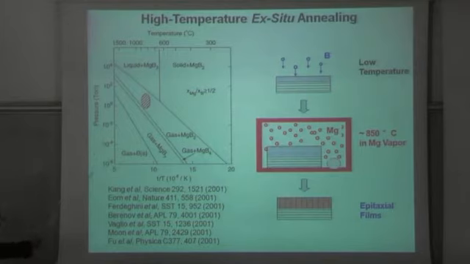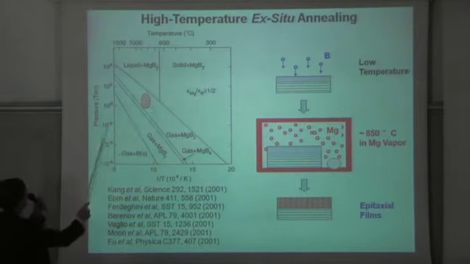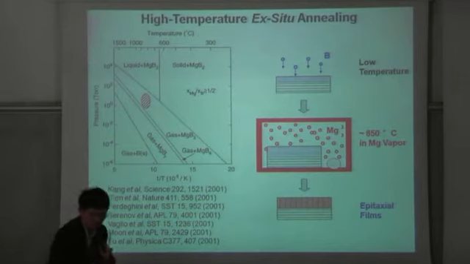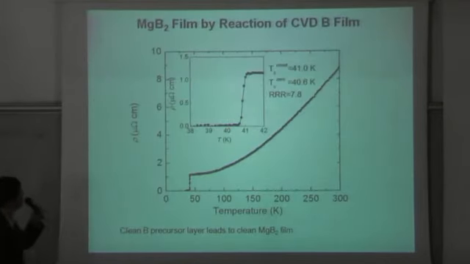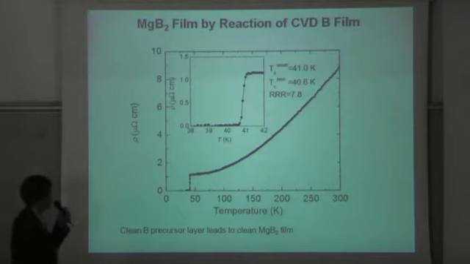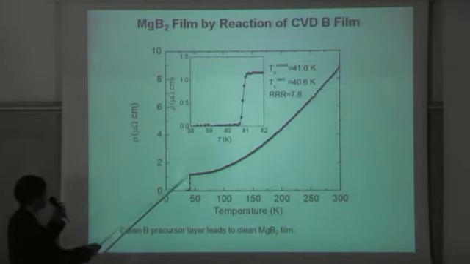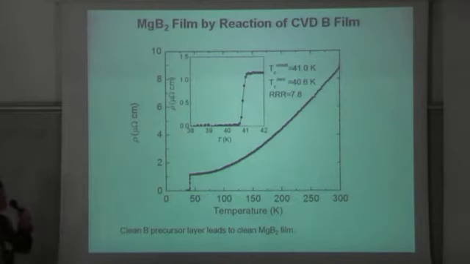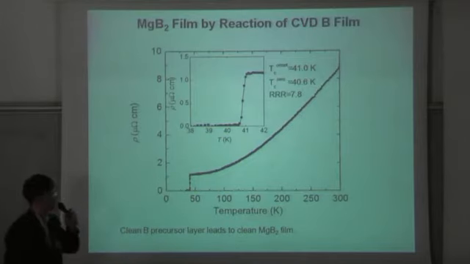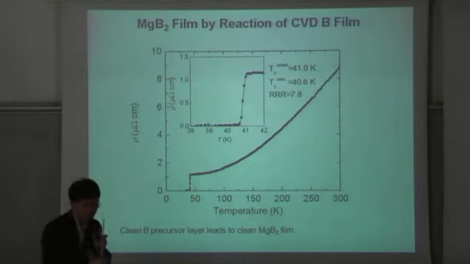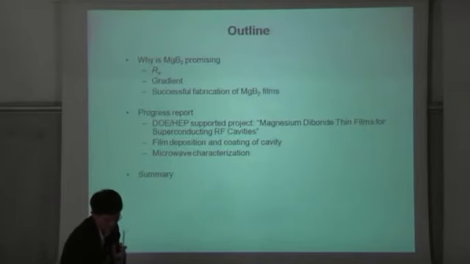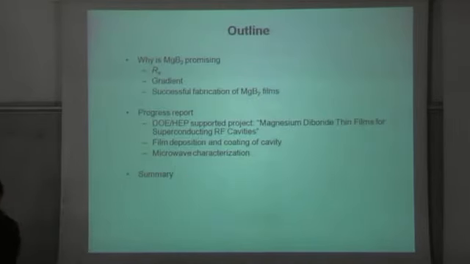So in the thermodynamic phase diagram, you again are operating at a high magnesium pressure and high temperature regime. And in our lab, we have done this by depositing boron film using a CVD process, and then annealed it in magnesium, and we can get a residual resistivity around 1 micro-ohm centimeter and over 40 Kelvin TC. So this is another approach that one can use to make high quality films.